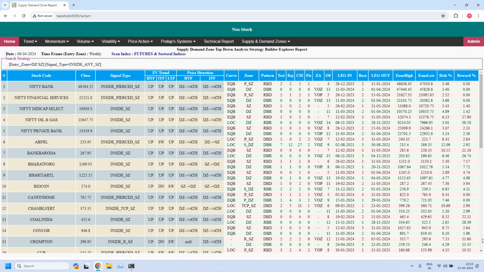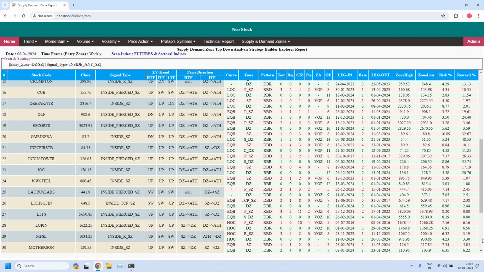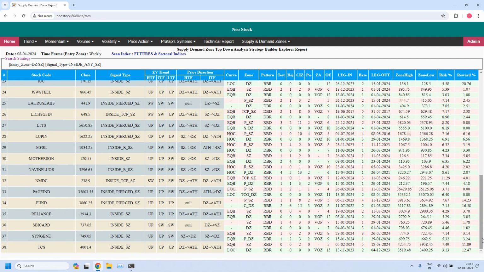Let me scroll down. So total 38 stocks are filtered where price closed inside weekly supply zone. So let me go back.